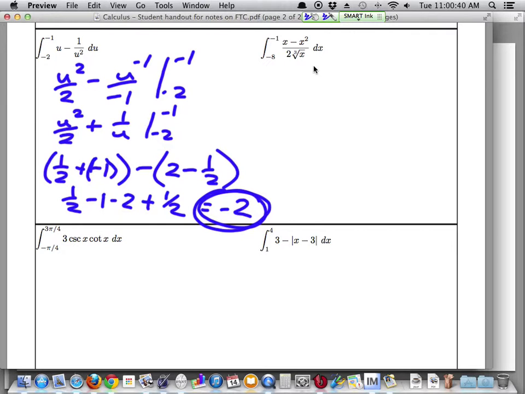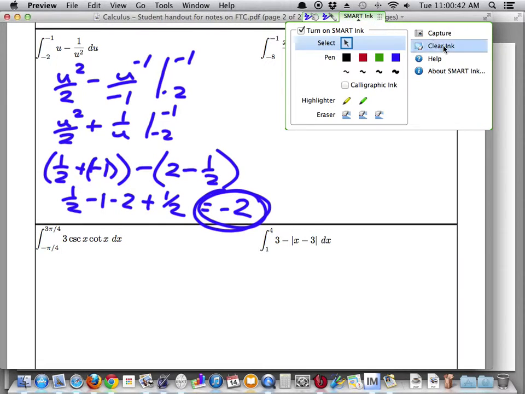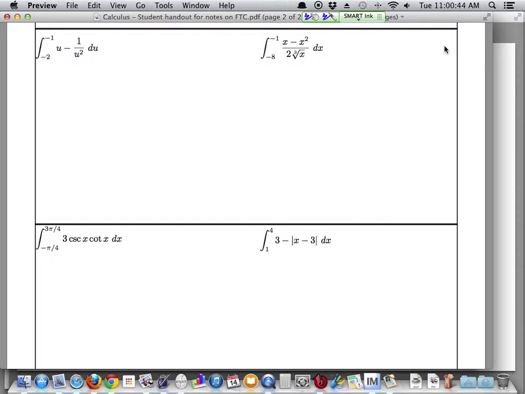All right, next one. I want to integrate the definite integral from -8 to -1 of x minus x squared over 2 times the cube root of x dx. Okay, what's something I want to do before I handle this one? All right, I don't like moving it to the top.